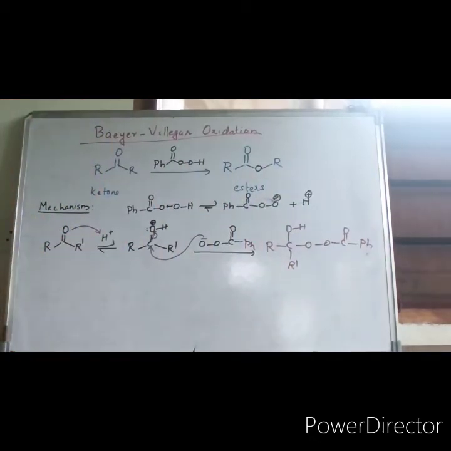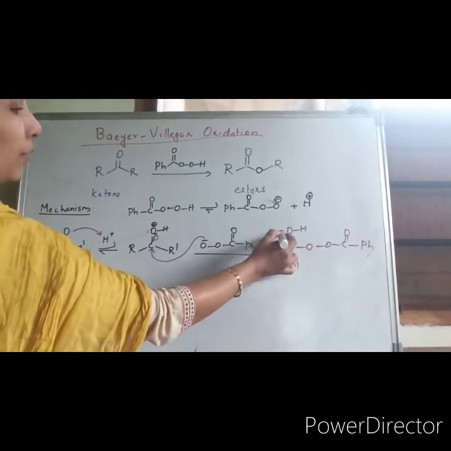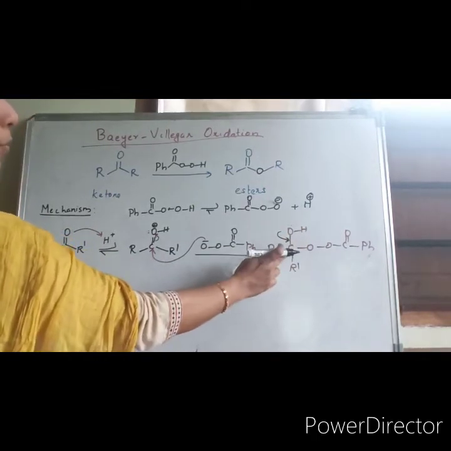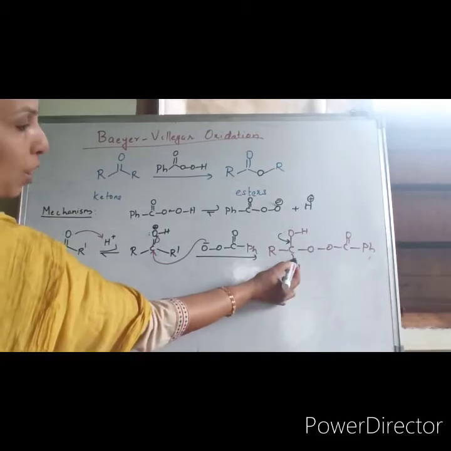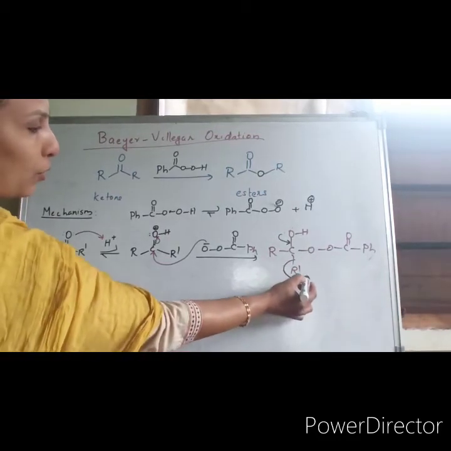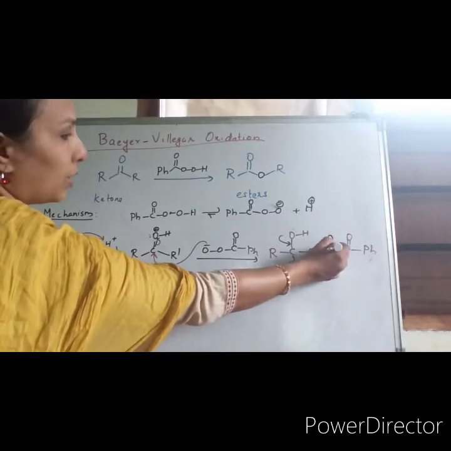So in the next step, what will happen? This lone pair will be shifting here, so that the carbon valency will become 5, so that is not stable. So what will happen? One of the alkyl groups is forced to migrate onto this oxygen, and this will be leaving.